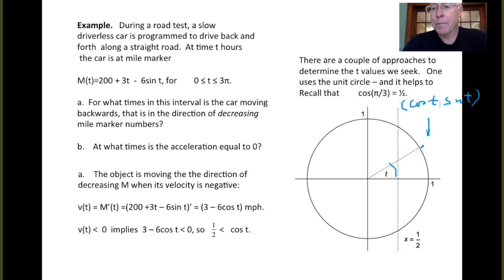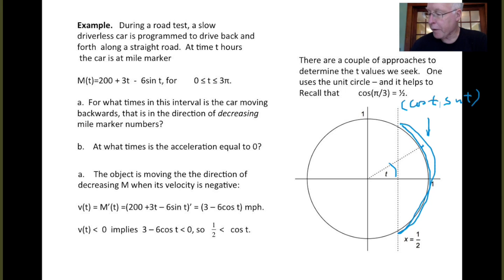So the cosine of t is just the x coordinate on the unit circle. Now we've also drawn in the line x equals 1/2, and we can see from this picture that the values we want are those for which the x coordinate is bigger than 1/2, so we're looking for all the angles that fall over here.